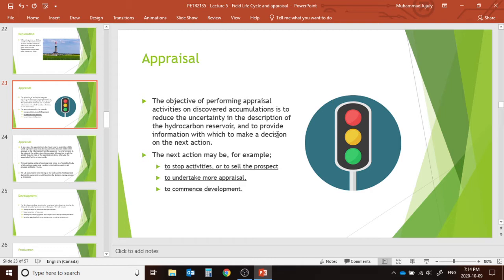And the next action also could be undertaking more appraisal. It gives some indication, like our first estimation. We actually call it gestimation, guess plus estimation, gestimation, okay.